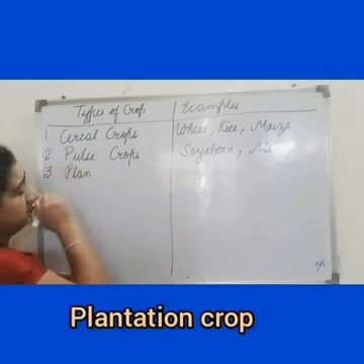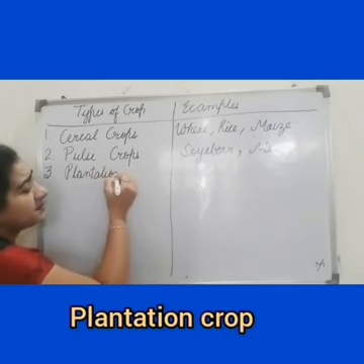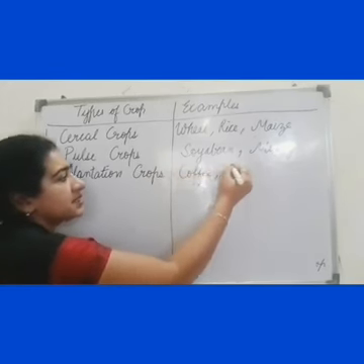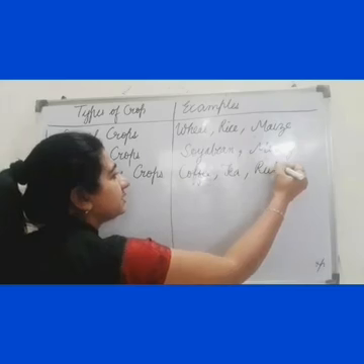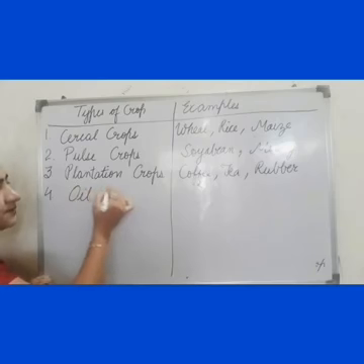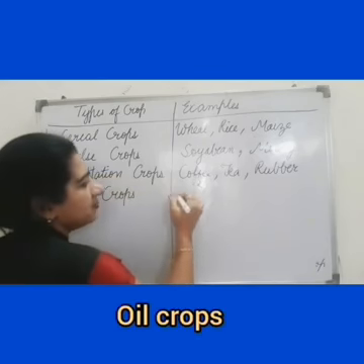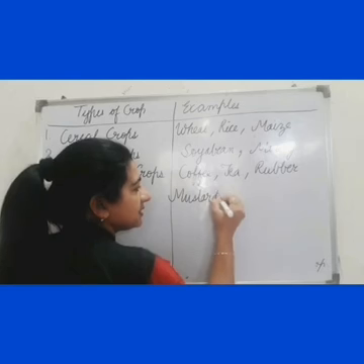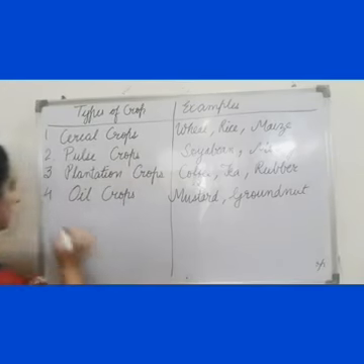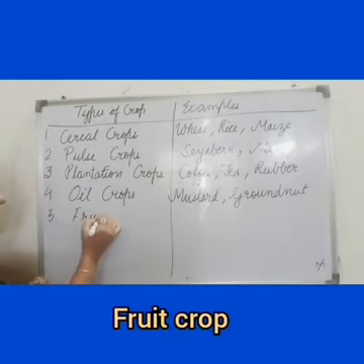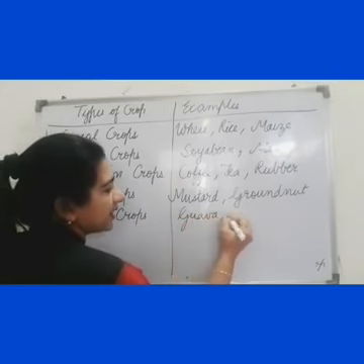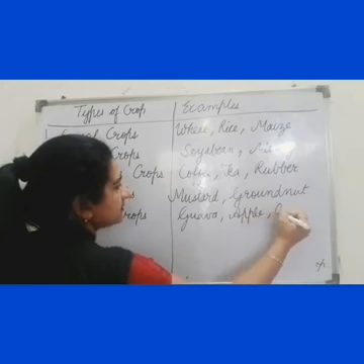Then we have plantation crops: coffee, tea, rubber are included in it. We have oil crops: mustard, groundnut, etc. Then we have fruit crops: guava, apple, oranges.